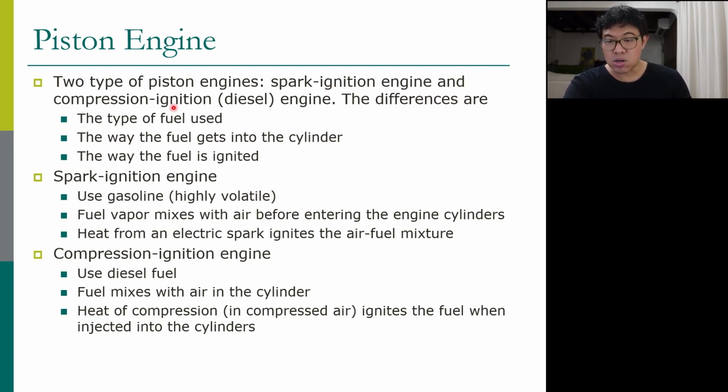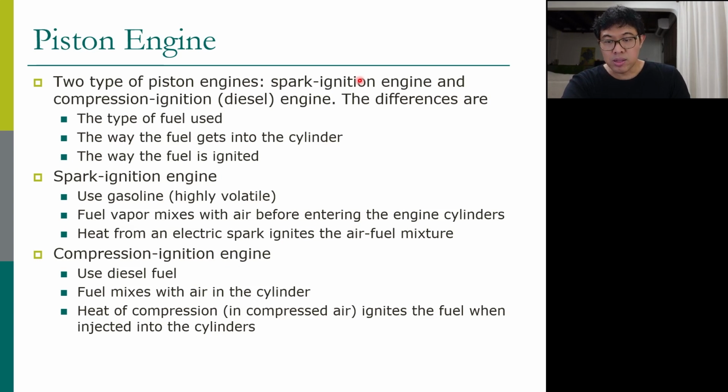The other one is the compression ignition engine, or CI engine, where we start ignition by compression. The CI engine uses diesel fuel. The SI engine uses gasoline, or petrol, or benzene fuel.